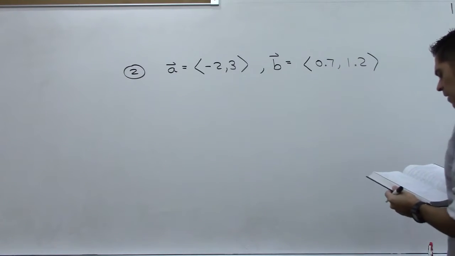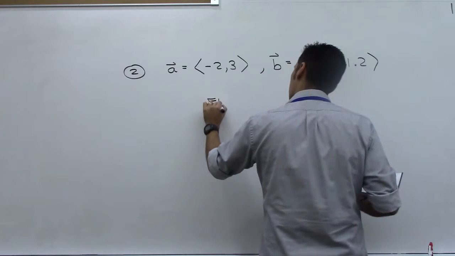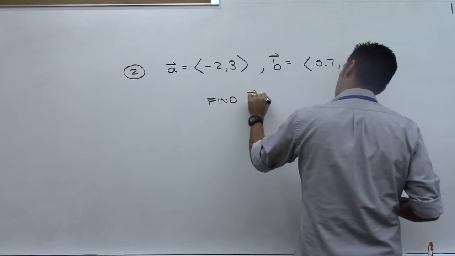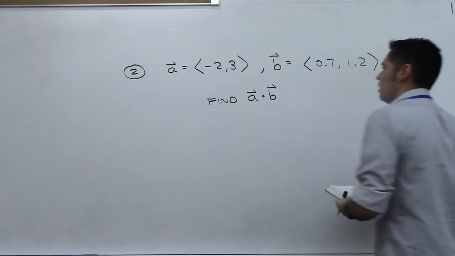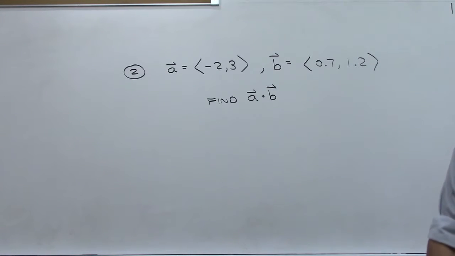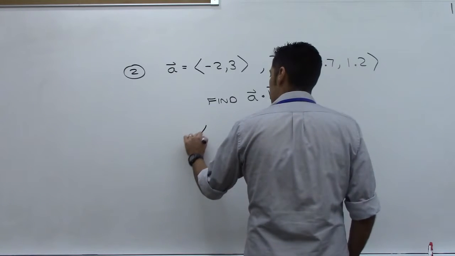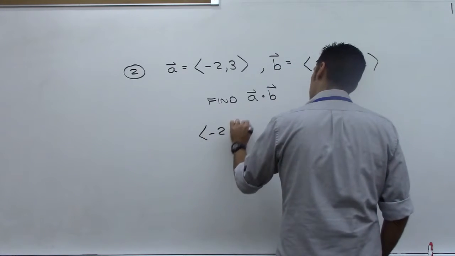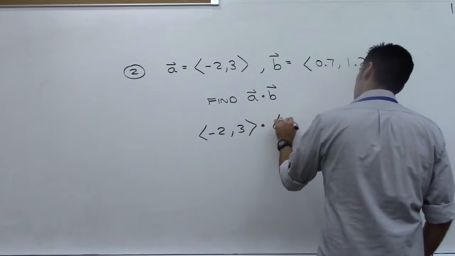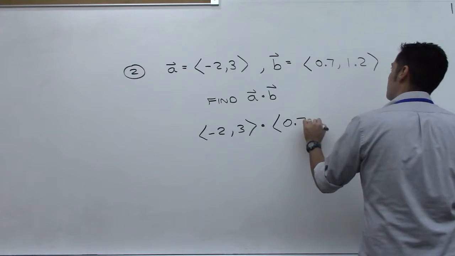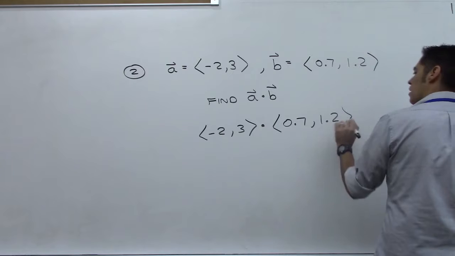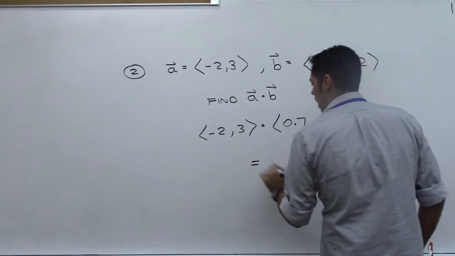And we want to find A dot B. So all we have to do here is use our standard procedure for dot products. You take the first vector, -2, 3, dot it with the vector 0.7, 1.2, you're going to get a number out.